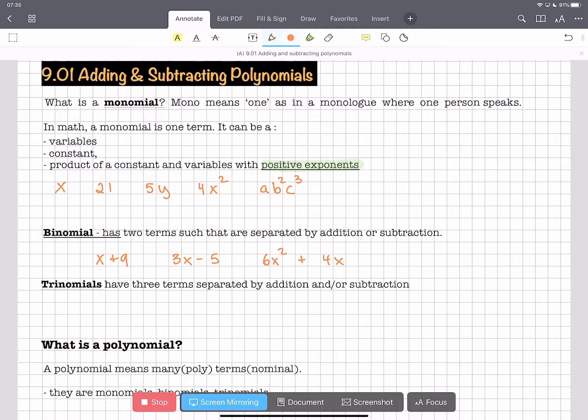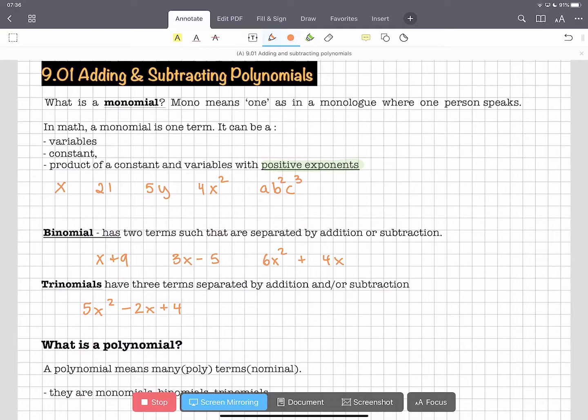If we have three terms separated by addition and/or subtraction, it's called a trinomial. So that could be something like 5x squared minus 2x plus 4. So there's three monomials separated by addition and/or subtraction.